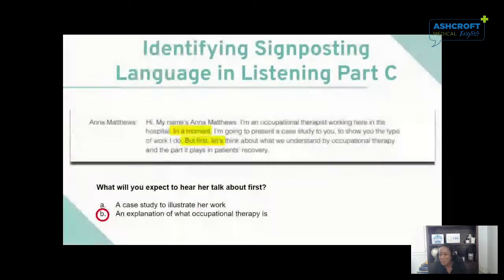Okay, then let's see if you got it right. Okay, so the answer's B. She is first going to talk about what occupational therapy is. We can see it here. "But first, let's think about what we understand by occupational therapy and the part it plays in a patient's recovery." Okay, so "what we understand by" is kind of paraphrasing the idea of what occupational therapy is.